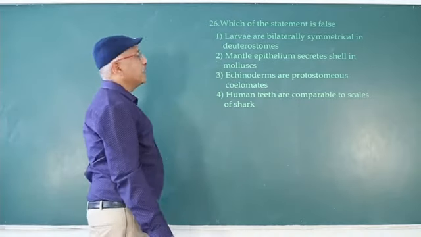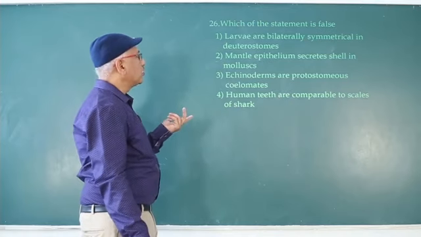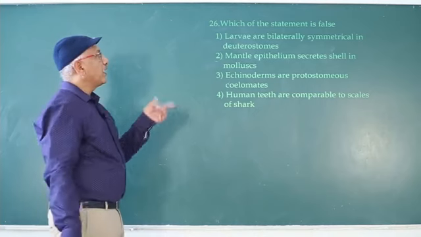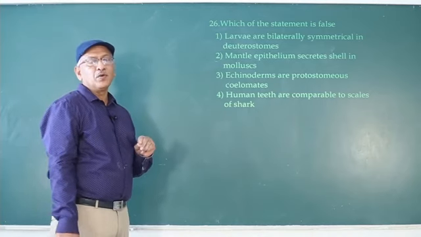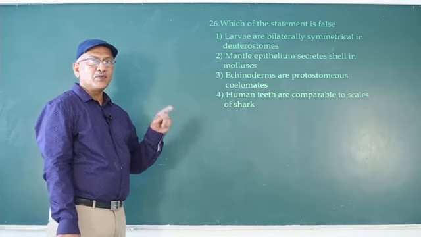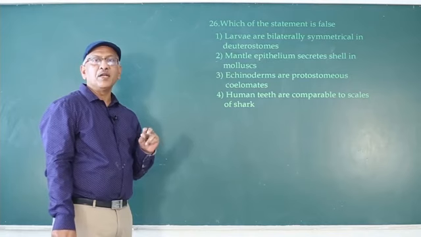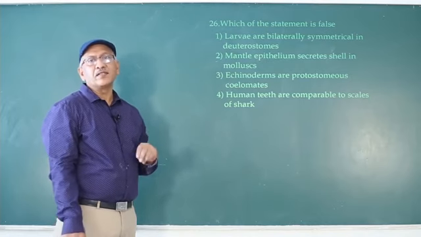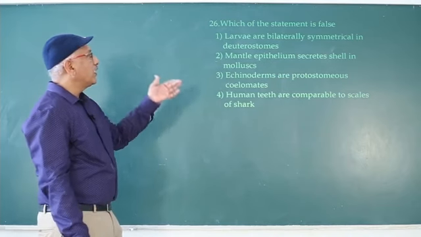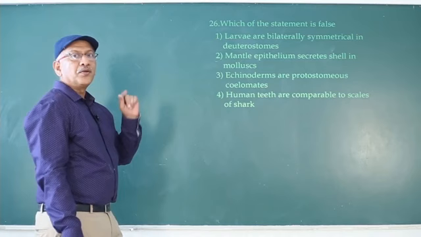Which of the statements is false? Larvae are bilaterally symmetrical in deuterostomes. So not all deuterostomes. Larvae are bilaterally symmetrical in echinodermata, where adults exhibit radial symmetry. But here it is mentioned that larvae are bilaterally symmetrical in deuterostomes, which is not applicable to all deuterostomes.